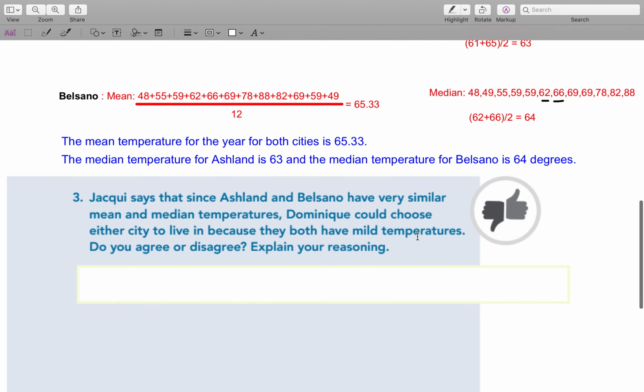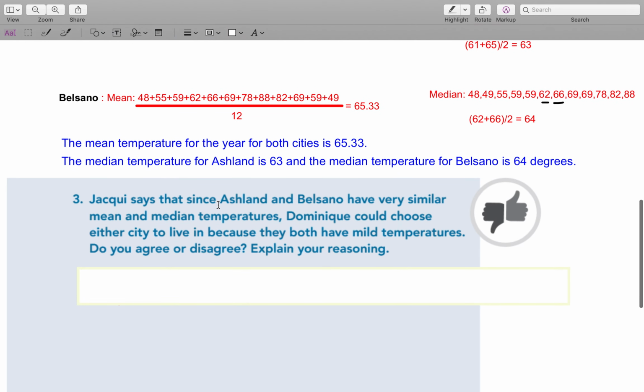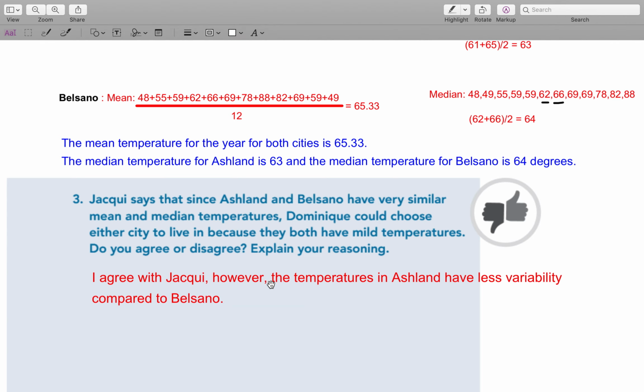And number 3 says, Jackie says that since Ashland and Bolzano have very similar mean and median temperatures, Dominique could choose either city to live in because they both have mild temperatures. Do you agree or disagree? Well, I do agree with Jackie because they do have very similar mean and median temperatures, but the temperatures in Ashland have less variability compared to Bolzano.